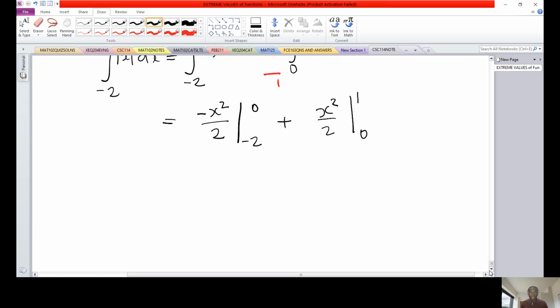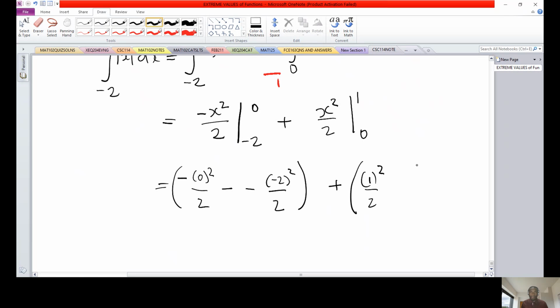Now, when you put in the limits, we get negative 0 squared over 2 minus, negative 2 squared over 2, plus 1 squared over 2 minus 0 squared over 2.